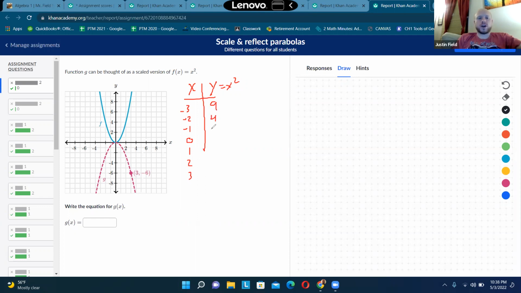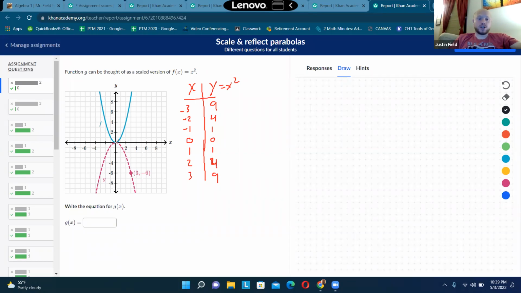All those are squared, so it would look like that. All these numbers are the squares of the x values. And so if we see 3, -6, well, that doesn't fit. It's supposed to be 3, 9. But then we also see it's reflected.